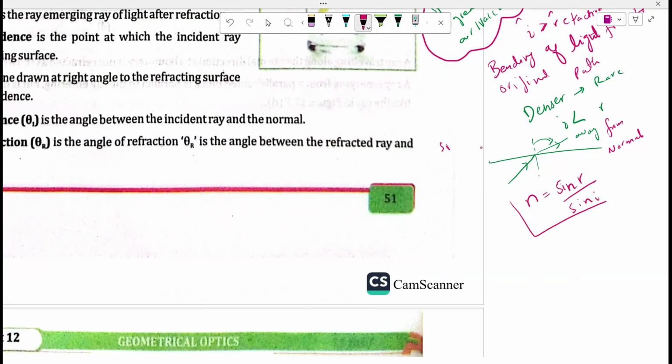So whenever we do these calculations, we will always check, because we already know what would happen when light enters from a denser to a rarer medium. Whatever calculations we make, in this particular formula, sine i would be smaller than sine r.